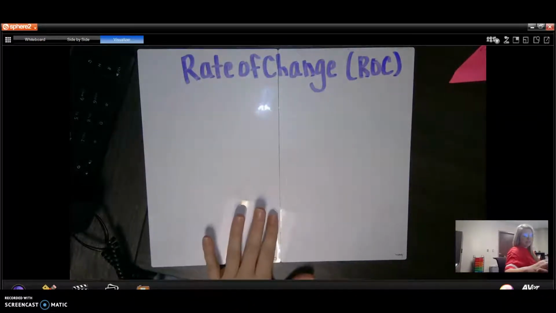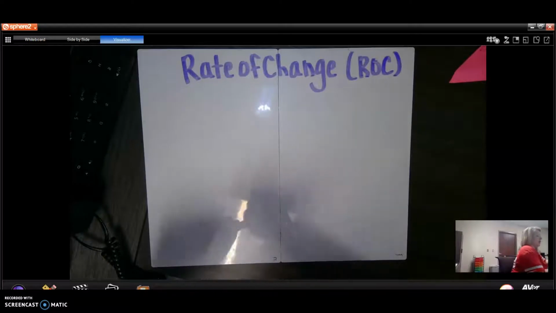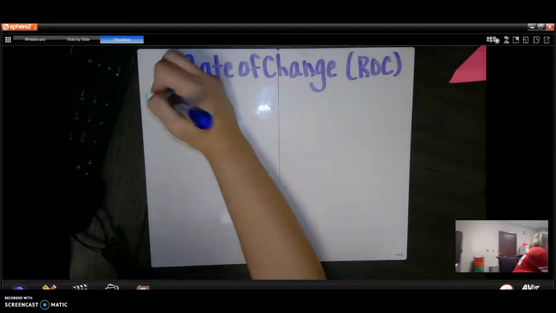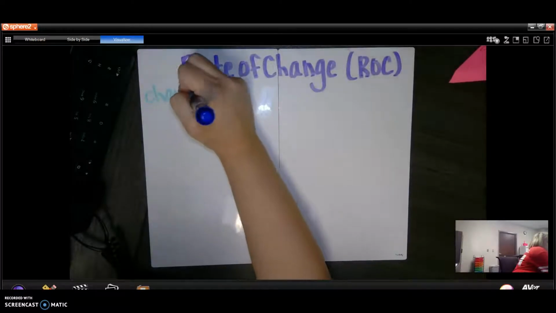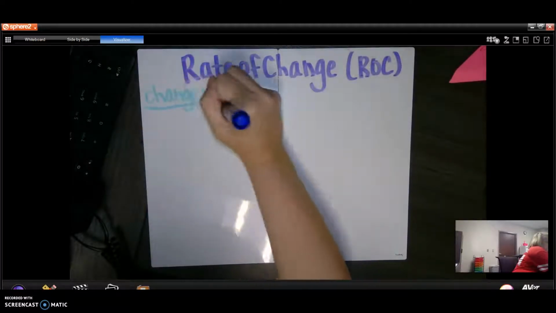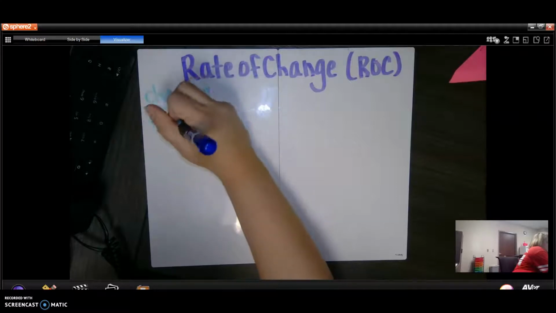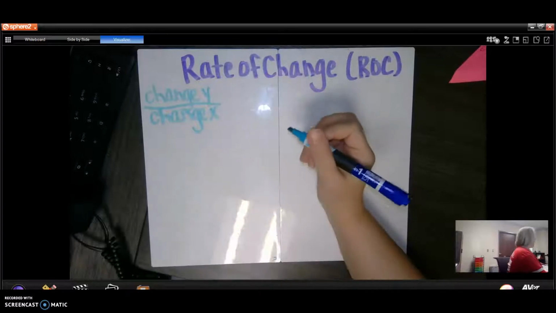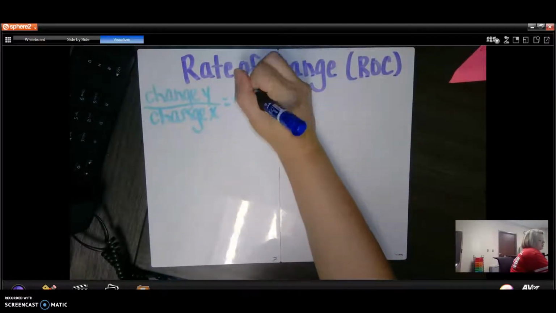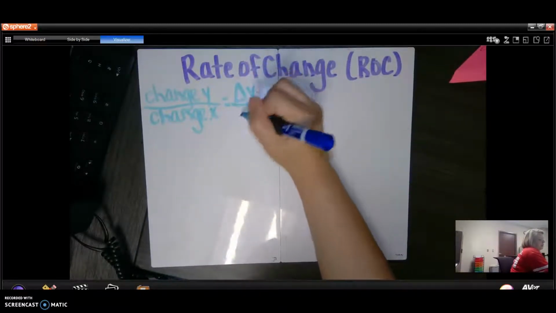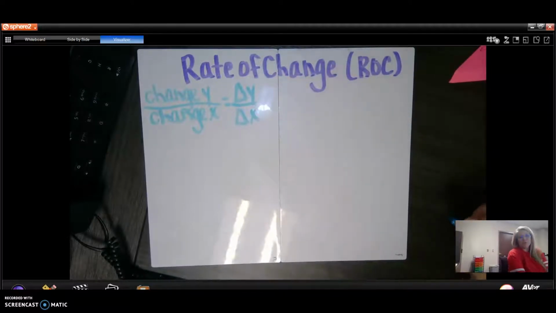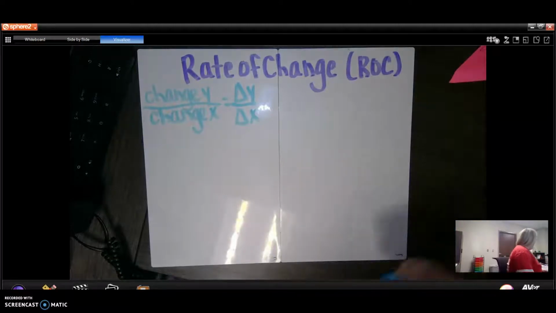As discussed in class today, we determine the rate of change by finding the change in y over the change in x. Okay. And another way that we can represent that is with the triangle. And remember that that triangle is just an abbreviation for the word change. So the change in y over the change in x.